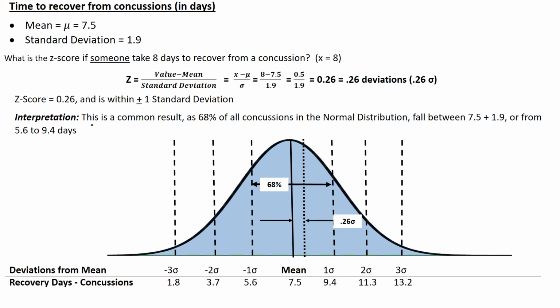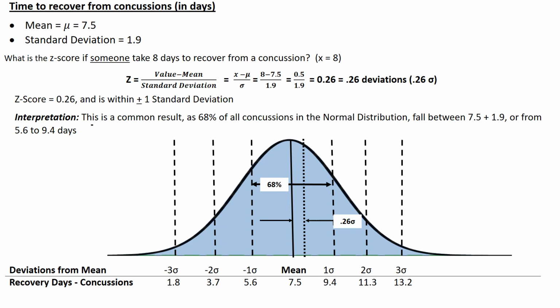And what I've done here, and we'll go over this more in class, but I've written what this would be. 7.5 is the mean, I've written below it. +1 deviation is 7.5 plus 1.9, which is 9.4. 2 deviations, 7.5 plus 1.9 plus 1.9, which is 11.3.